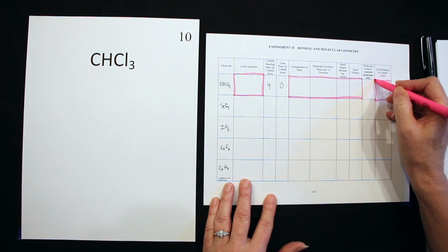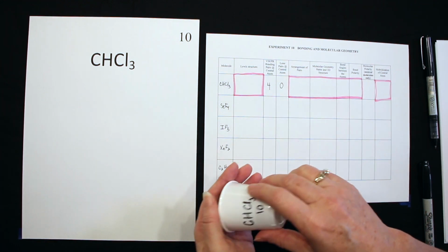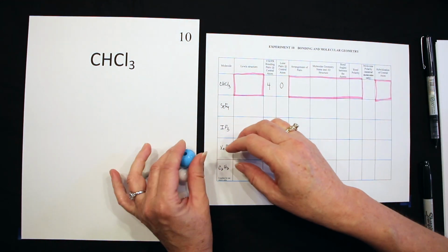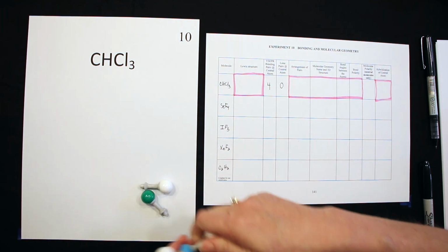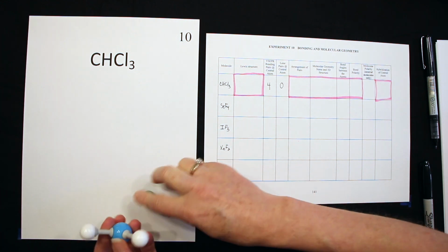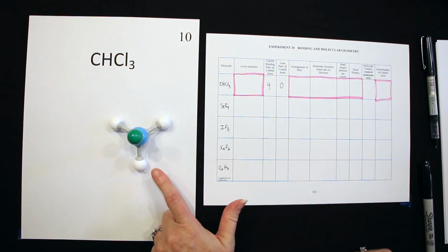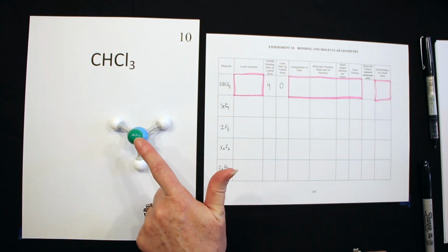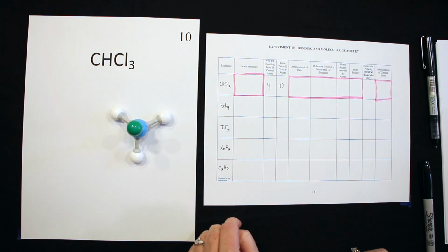But let's build this molecule. I'm going to select, because I have 4 total pairs, a 4-hole atom. And I've selected the hydrogen atom to be green and the 3 chlorines white.